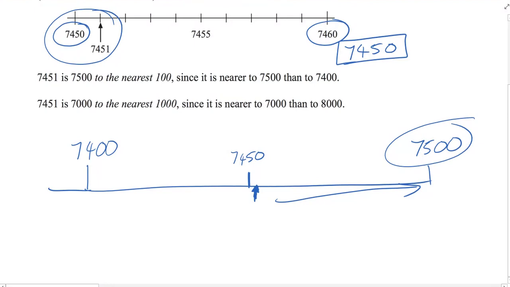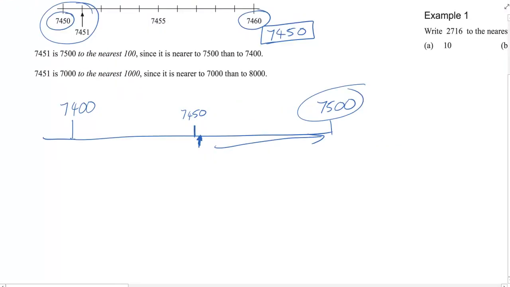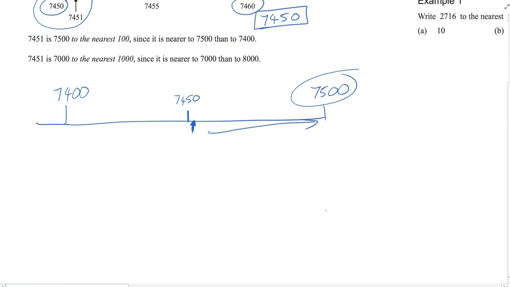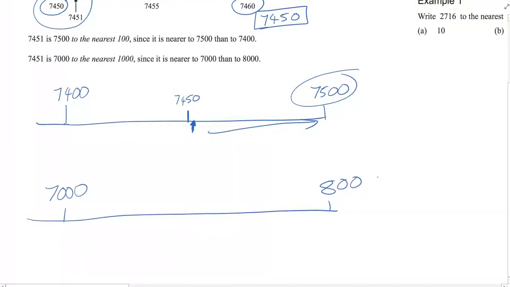Well, what about to the nearest 1,000? Where would this be to the nearest 1,000? So let's draw another number line and consider this to the nearest 1,000. So 7451 is somewhere between 7,000 and 8,000. So where is it exactly? Well, let's think about that middle value again. And in the middle of those two, we'd have 7,500.